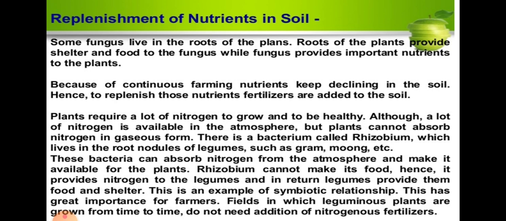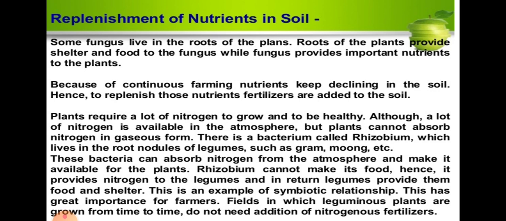You have already learned the word nitrates in your previous class also. Plants such as gram, peas, pulses and beans are called leguminous plants or legumes. These leguminous plants have root nodules which contain Rhizobium bacteria, and this Rhizobium bacteria converts nitrogen gas of air into nitrogen compounds like nitrates.